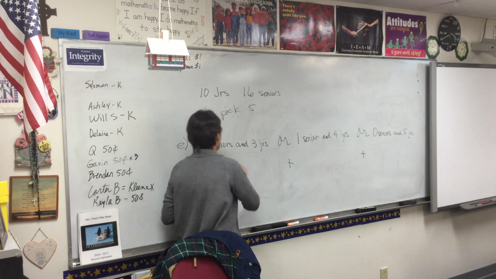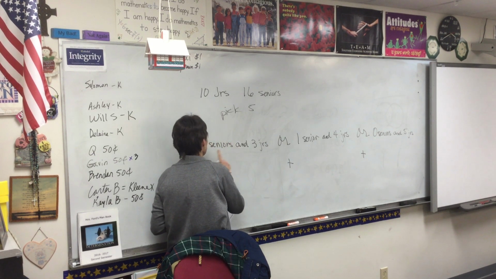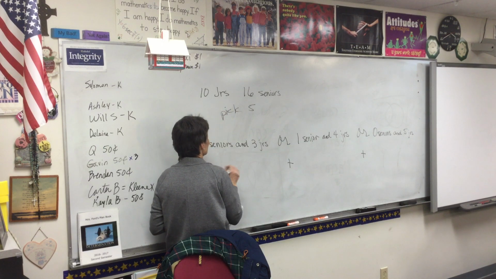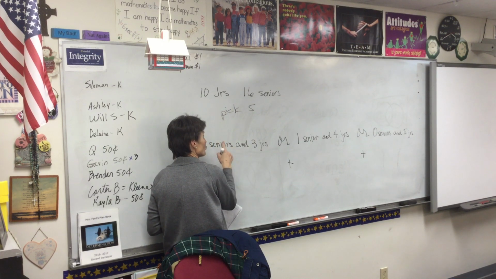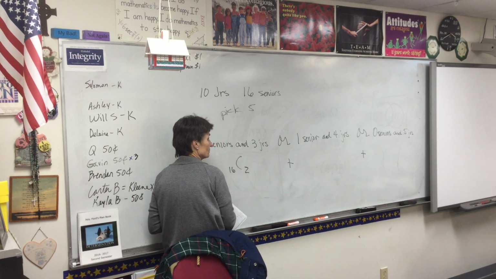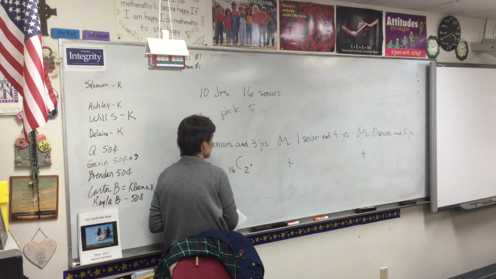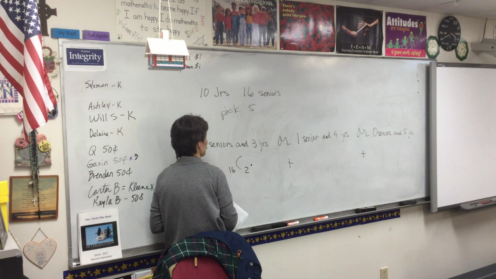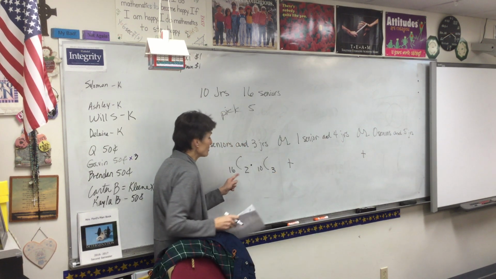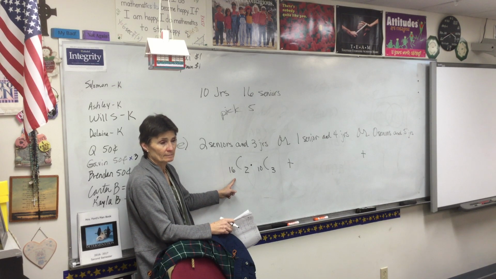So here we go. What does 2 seniors and 3 juniors look like? No, it's not 5C anything. How many seniors are there to pick from? 16 seniors. And I am picking 2. Times, how many juniors are there to pick from? 10. And I am picking 3. So there's the first case.